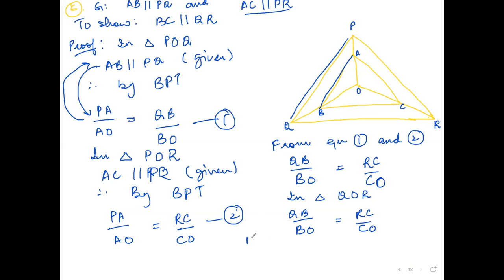Converse. By converse of BPT, line BC is parallel to QR. That's good. Please note it down.